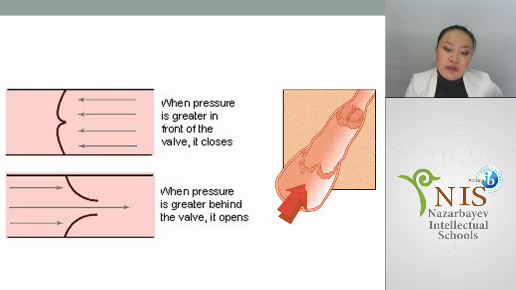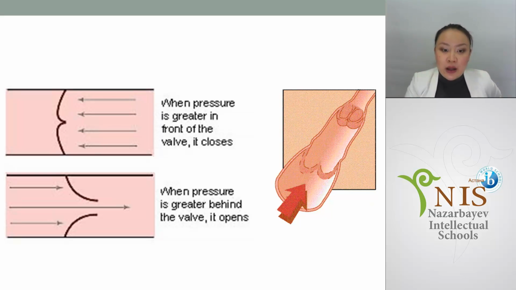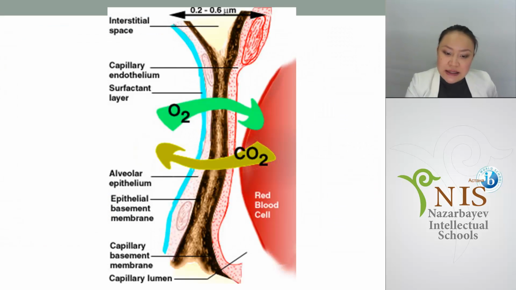When pressure is greater in front of the valve, it closes. But when pressure is greater behind the valve, it opens. Do you remember? What is the function of valve in these veins? Of course, preventing backflow.